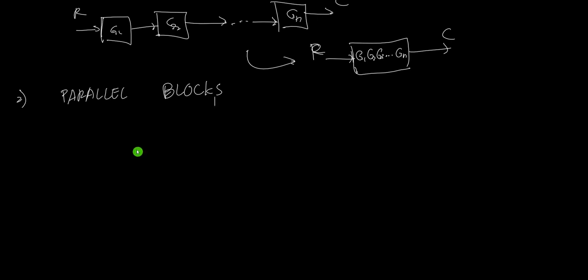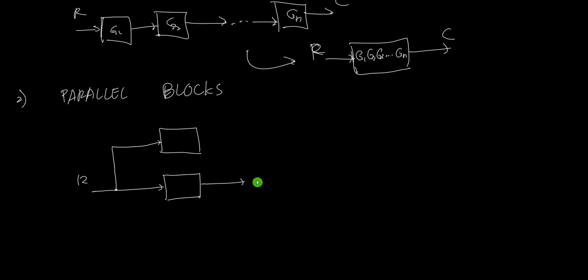They are in parallel if, for example, we have two blocks here, then we have an input somewhere here, input R, which is also connected to the other block. Then there's a summing point somewhere here, and both blocks are connected to that summing point. This plus, plus, and this will be our output C.